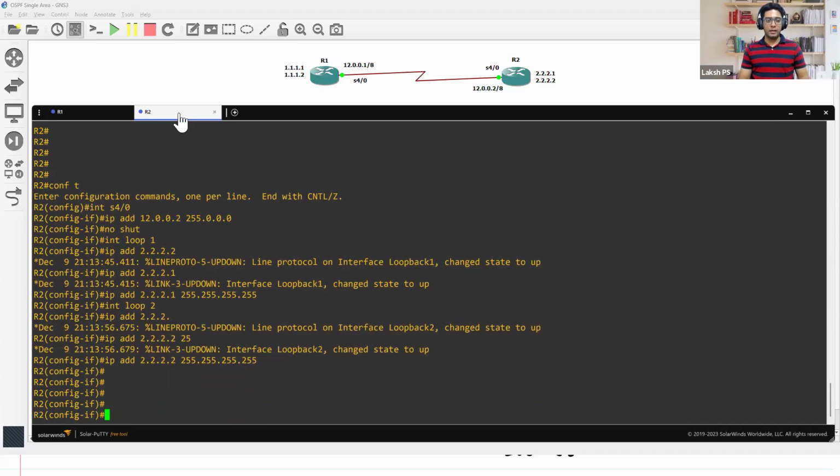So the loopback addresses have an address mask of /32 or 255.255.255.255, and the interface IP addresses have an address mask of 255.0.0.0 or /8. This is the subnet configuration.